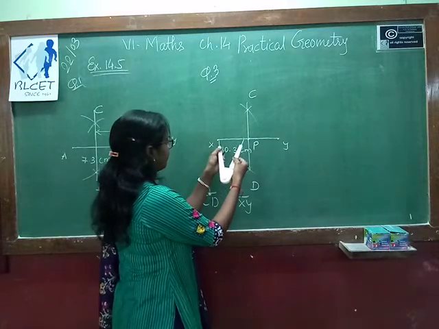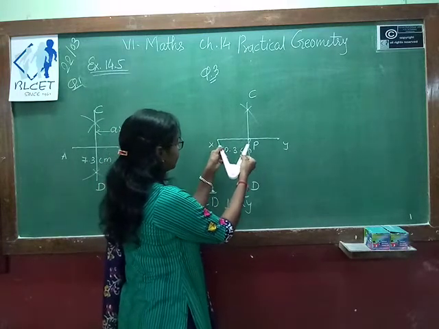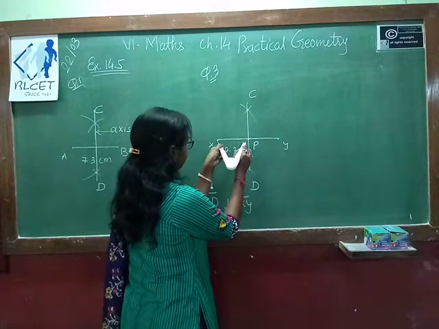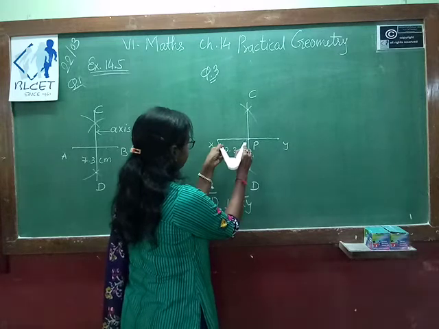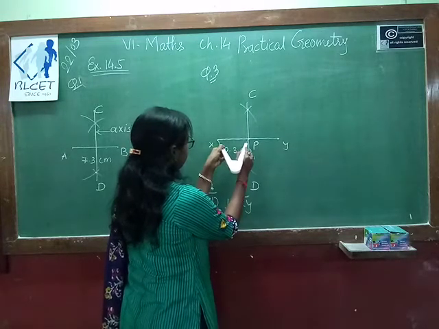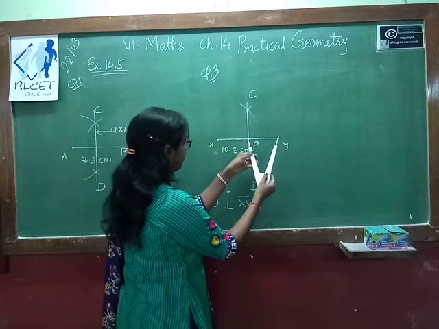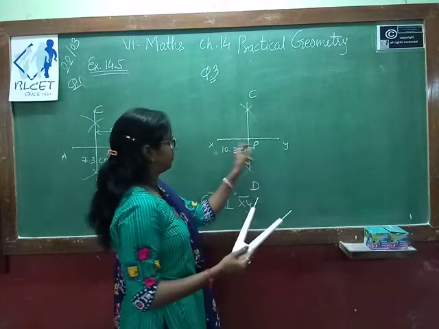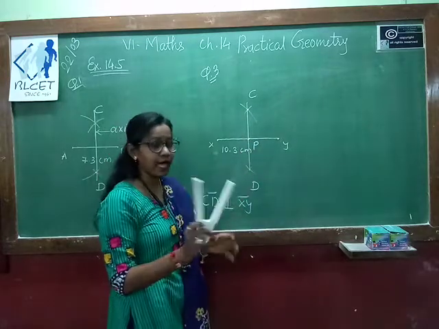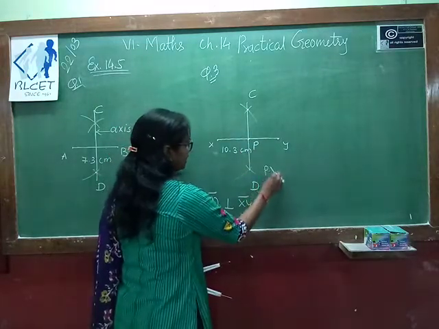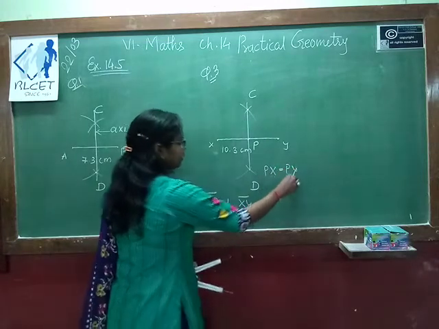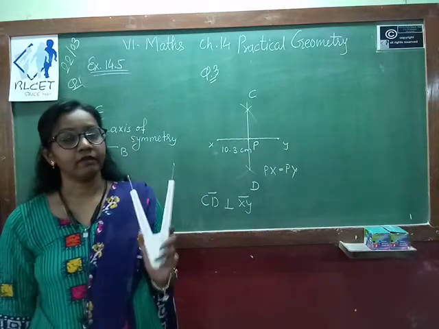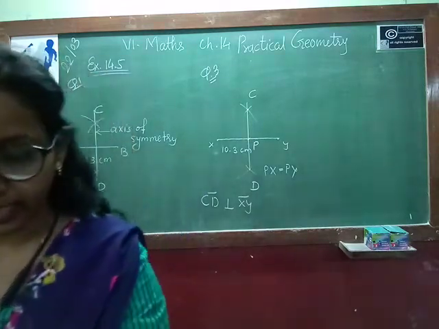Just keep your point over here on X and on Y. This will exactly coincide over here. So we can say the distances XP and PY are both equal. So PX is equal to PY. With the help of a divider we measure the length. We will not use a ruler. So this is your first answer.